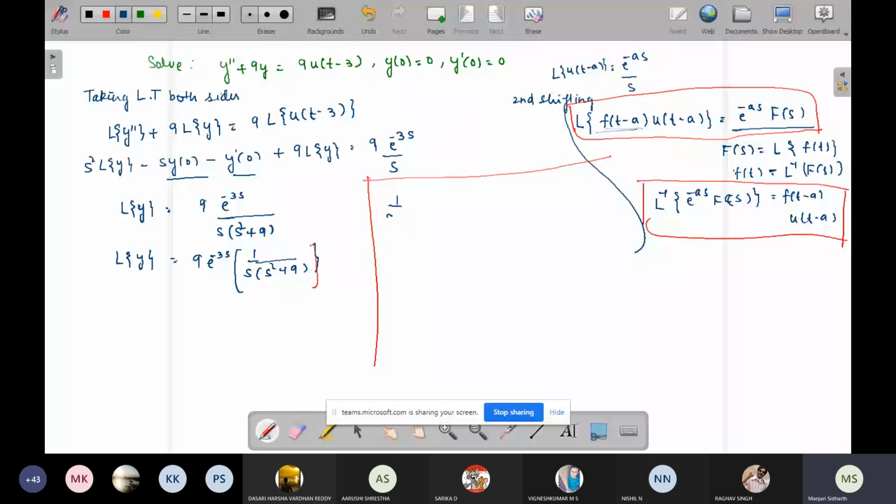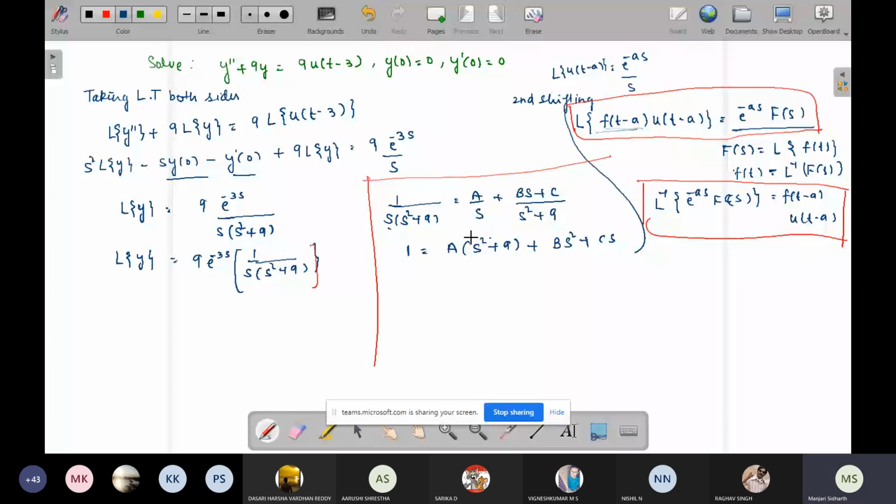That means A over s, and for the quadratic factor, Bs plus C. So take the LCM: s into this, that means Bs square plus Cs. Now compare the coefficients of s square, s and the constant term.